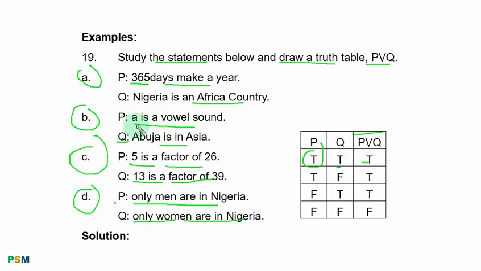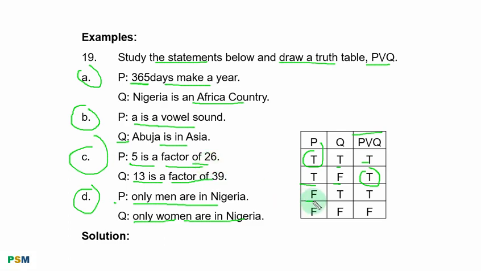B: A is a vowel sound, that is true. Abuja is in Asia is false. But because P is true, the outcome is true. Statement C, P part of it, 5 is a factor of 26. That is false because 5 cannot divide 26.